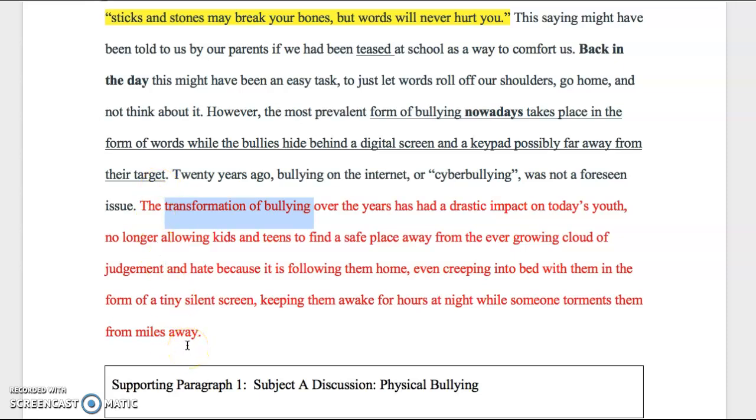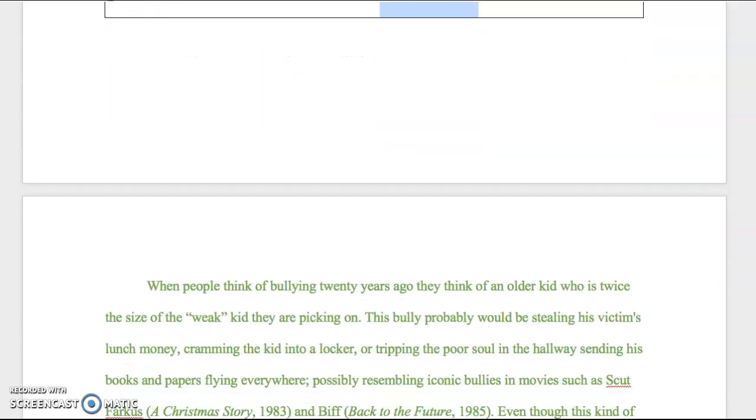Then they move into a block formatting to discuss the very first paragraph. So the very first paragraph should be a discussion of subject A, which is physical bullying of long ago. And they go ahead and they give lots of examples.